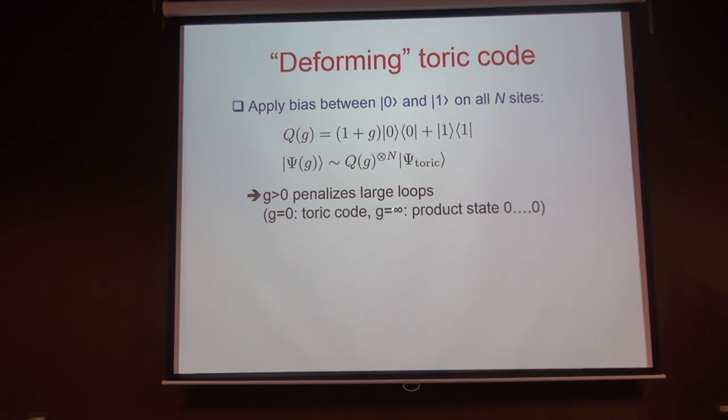And in the infinite limit of g, this will become a product state. So we have just written down a wave function that continuously connects the toric code to a product state. But these are two different limits. One is a topological phase, the other, the product state, is a trivial phase. So somewhere there must be a phase transition.